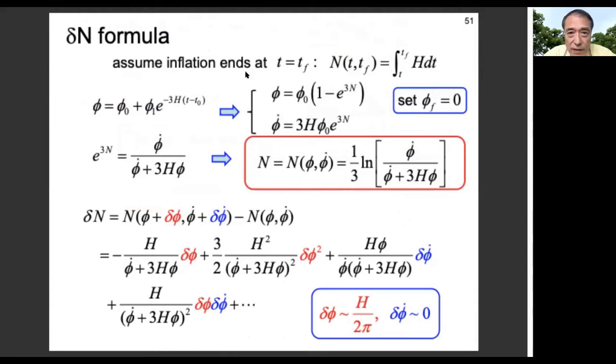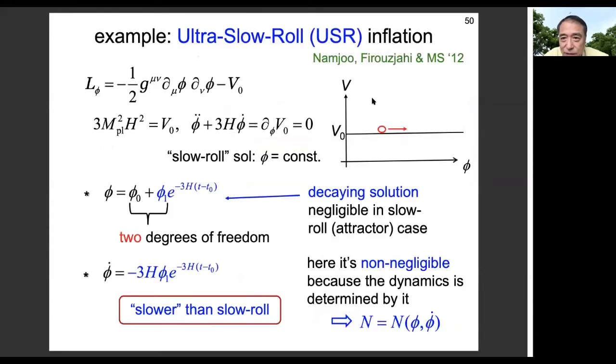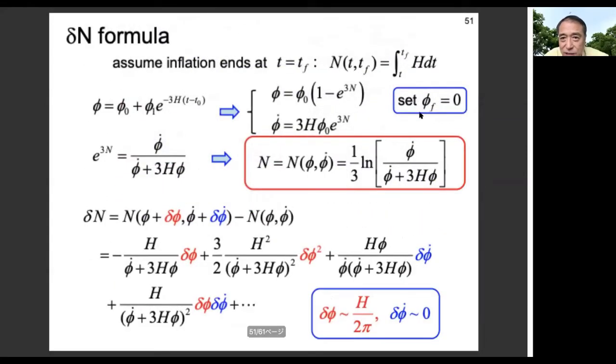This is one example. So let's apply this delta N formula. You assume that at a certain point inflation ends. Because the potential is completely flat, you have translation invariance of phi, so for simplicity, just set the end of inflation to be phi equals 0.